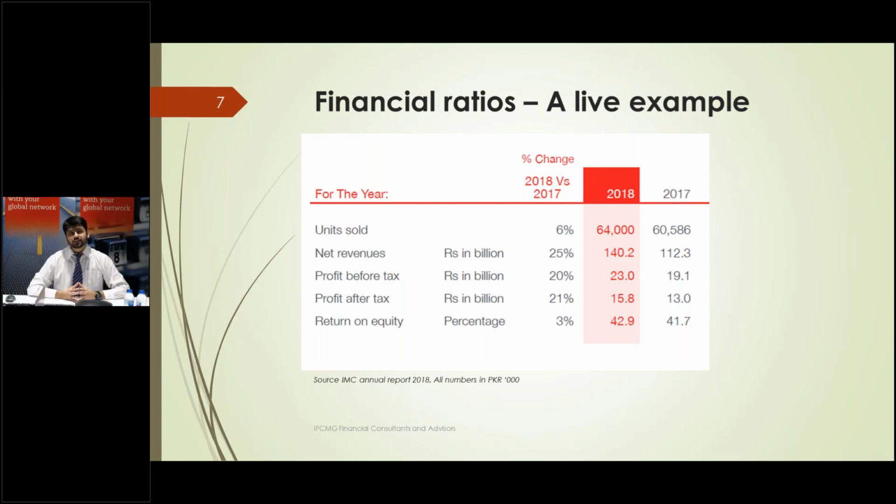Furthermore, you can see that profit after tax and profit before tax have increased by a slightly lesser percentage, by 20% and 21% respectively, as compared to the growth in revenue. And finally, the return on equity has increased by 3%.